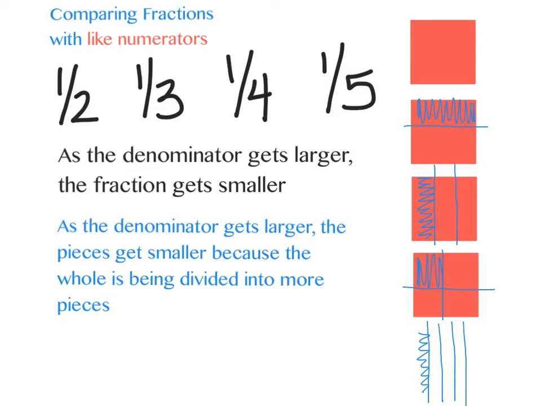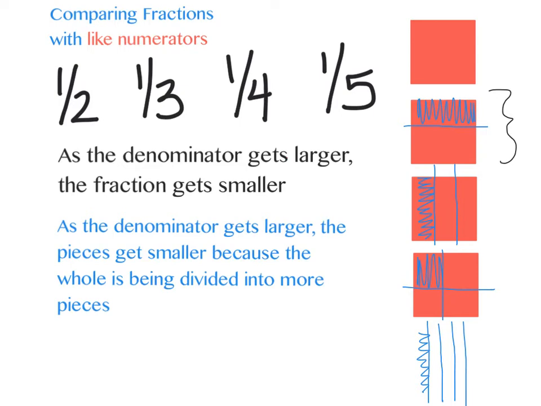So if you take a look off to the right, I have a drawing, and my lines are not exactly where they need to be because I didn't have a ruler to measure and it's hard to do on the screen. But this shape right here is supposed to represent 1/2, and the one below that would be 1/3, and then the one below that, which is 1/4, and the one below that, which is 1/5.